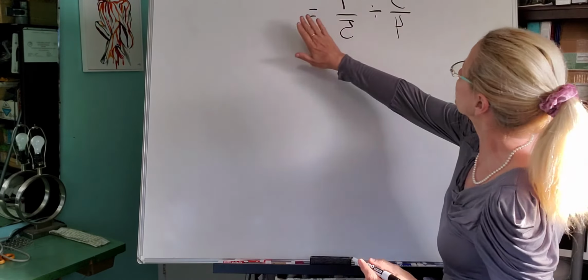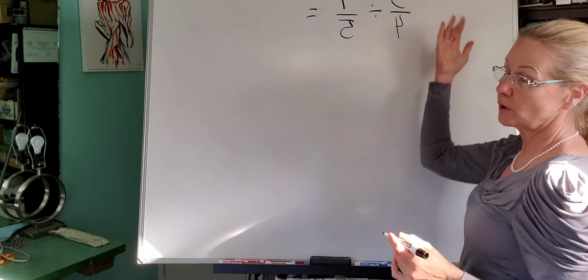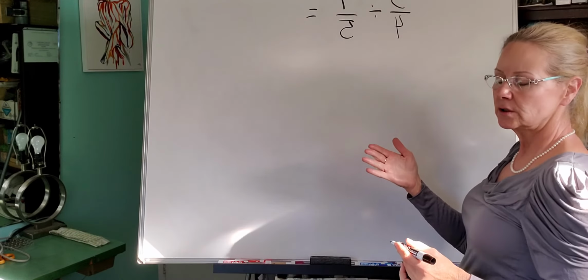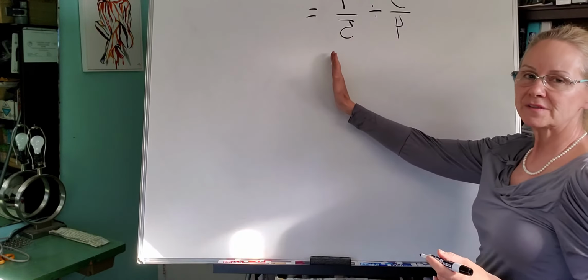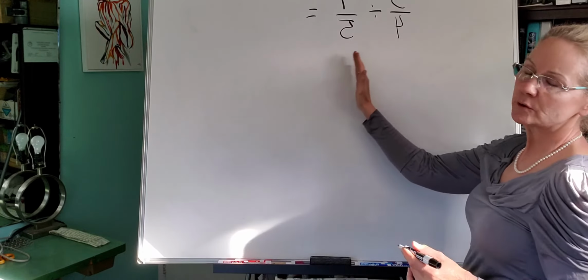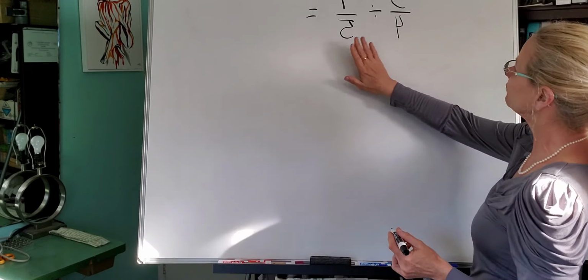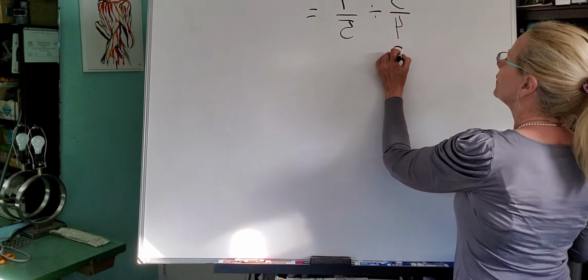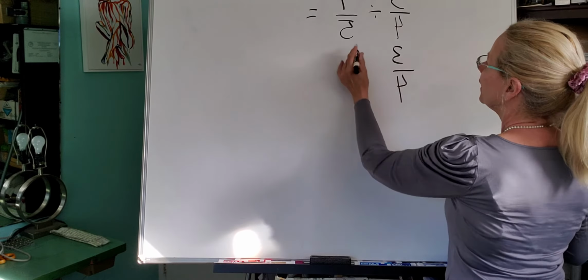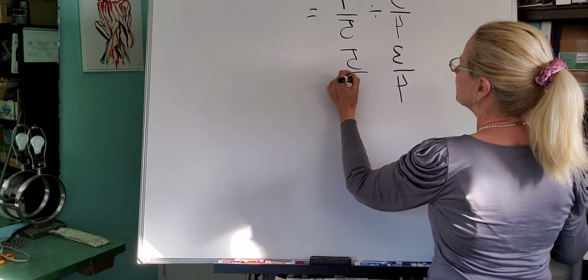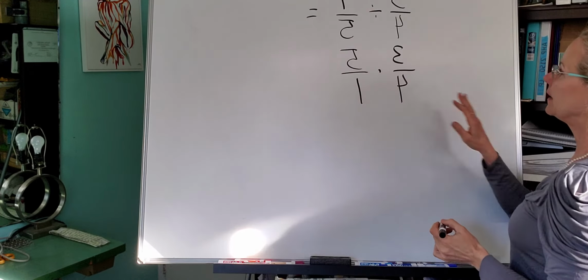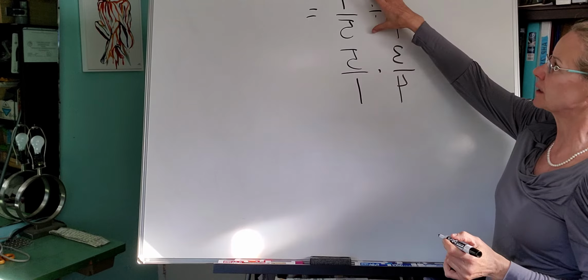Since we cannot divide, but we can multiply, and multiplication is the exact opposite of division, we can flip the second fraction and then multiply straight across. So we've made this the opposite. We have 3/4, and then when we change this to 5/1, we can multiply. Now this is saying the same thing this is saying.